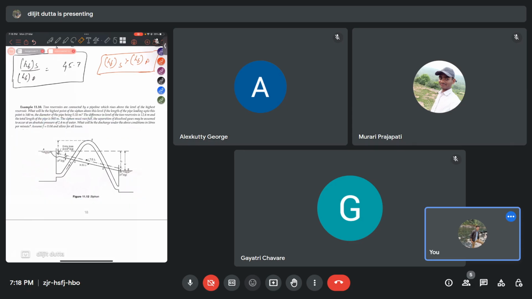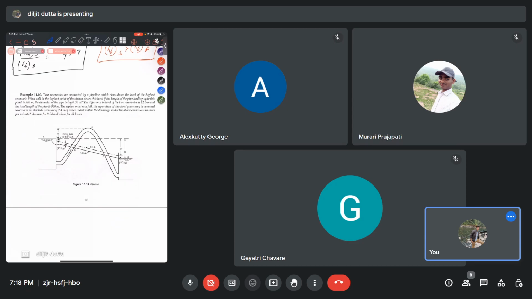So what is given in this question? So the thing is that the head difference, this small h, is what we have to find. That summit rises above the level of the highest reservoir. So the length of this pipe leading up to the highest point is 540 meter.